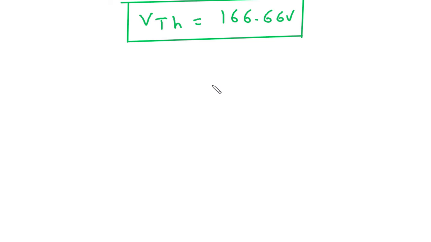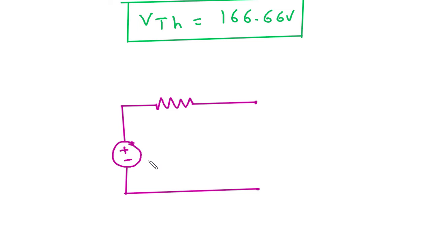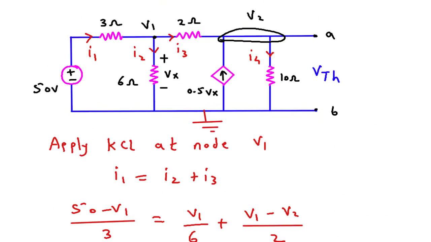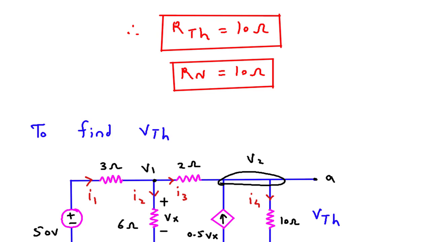So Thevenin equivalent circuit will be RTH in series with VTH. This will be RTH and this will be VTH. VTH is equal to 166.66 volt and RTH is equal to 10 ohm.